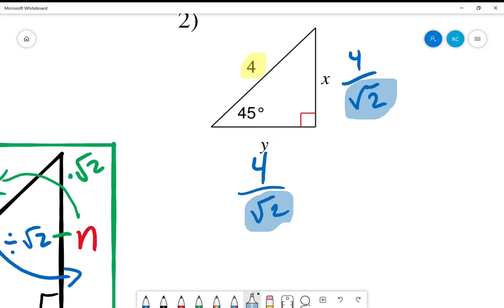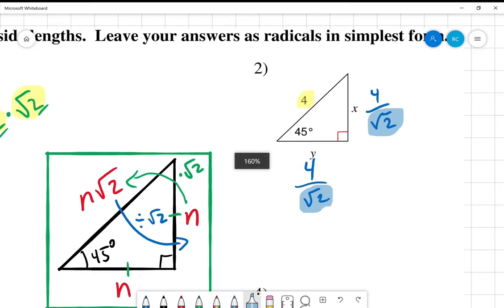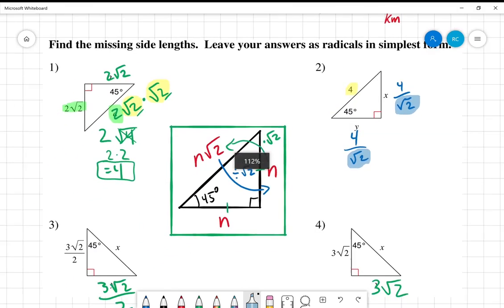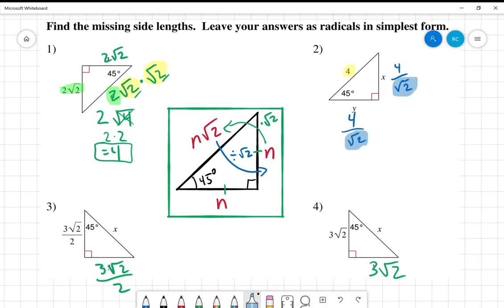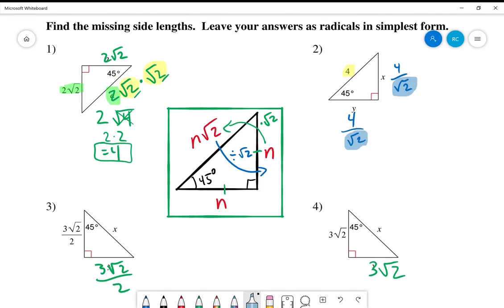So we are going to learn a little bit later how to clean this up so that you can recognize it on a multiple choice problem. But for now, 4 divided by root 2, just leave it there. And again, don't get your calculator out, don't give me decimals, not unless it is a word problem.